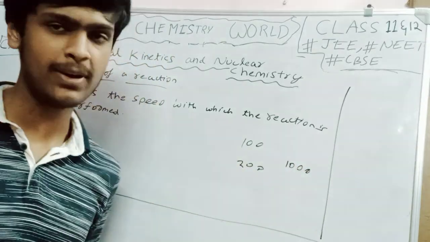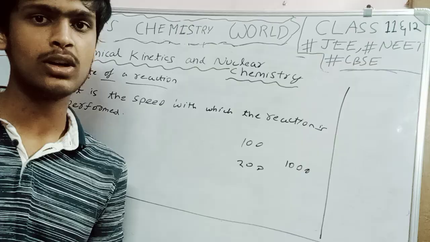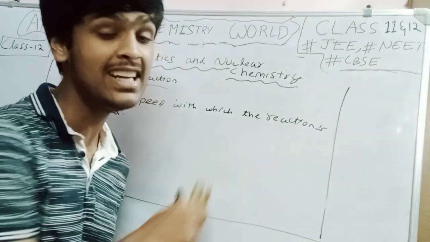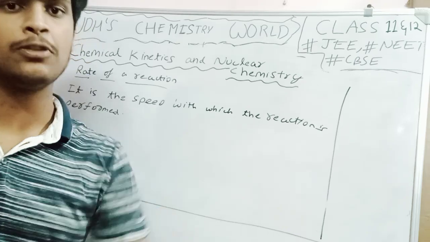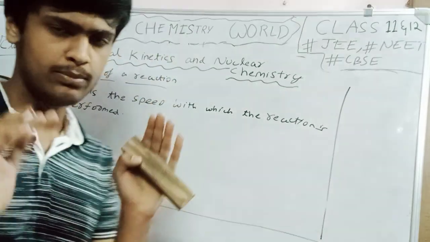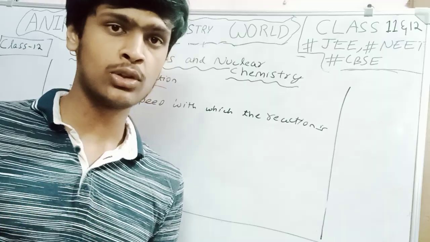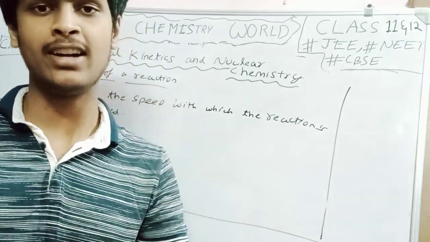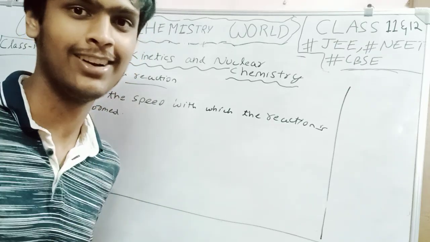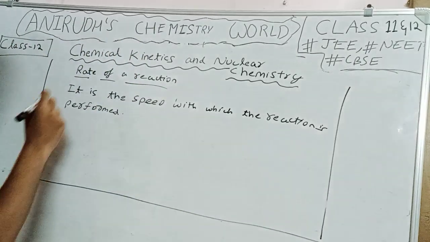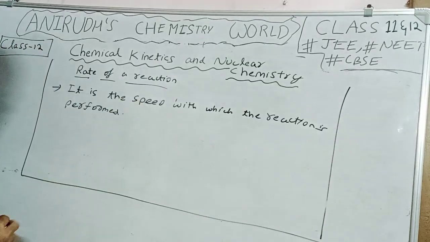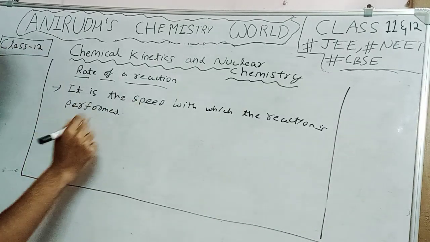And in sodium reactions, since these alkali metals are highly reactive, they'll readily react with other elements. This is just the basics and introduction. You should first understand, visualize, and then apply the concepts. This is the motto of this channel. The rate of reaction is the speed with which the reaction is performed. This is the definition.